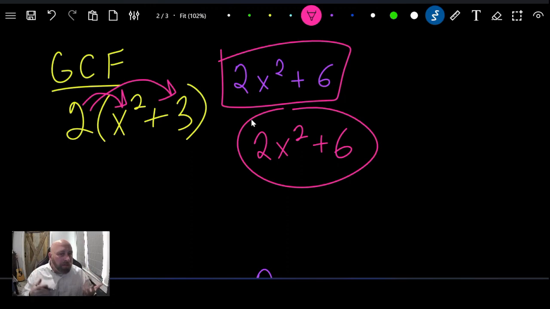That's how we know we did it right. So if we unmultiply, and then when we distribute it back in, we get something different, we know we did something wrong. So be careful, check these, just make sure that your math is correct. And that's what we're doing, pulling numbers out, pulling the common factors out, and then to check, you are going to redistribute it back in.